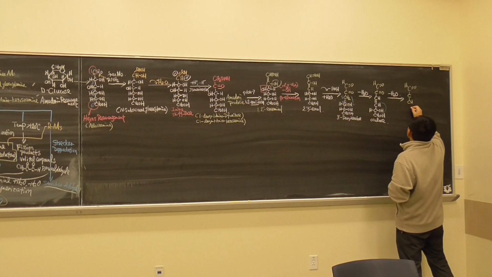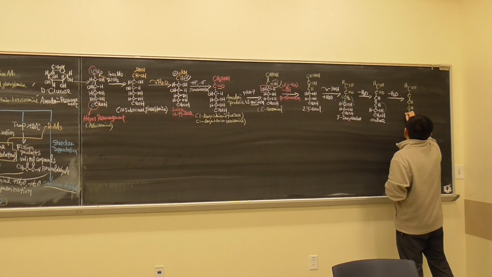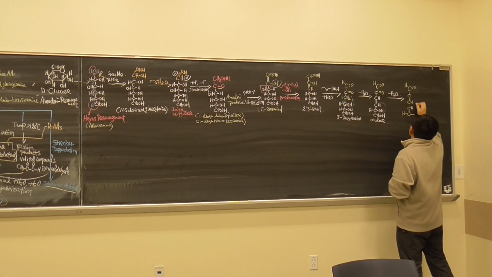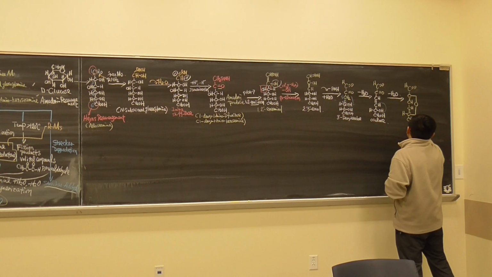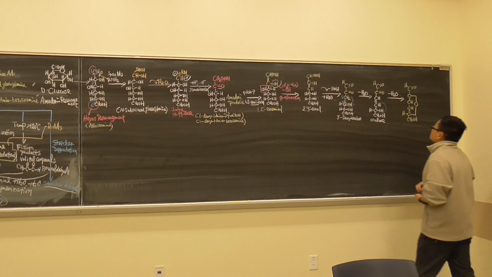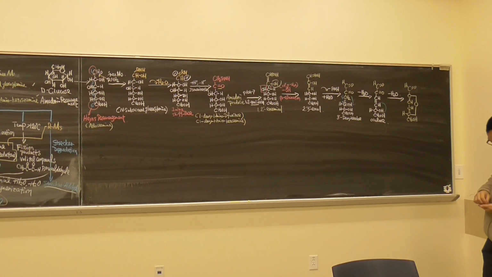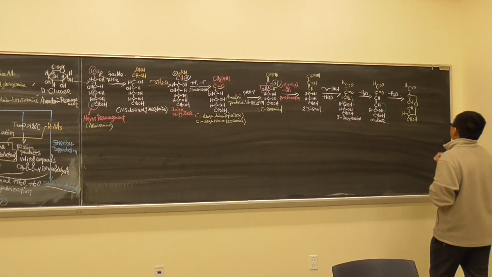So here, CH will become this guy. Then CH2OH. This is the transition step. What will they really become?